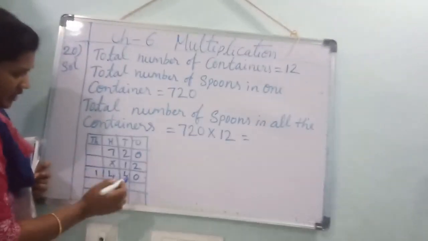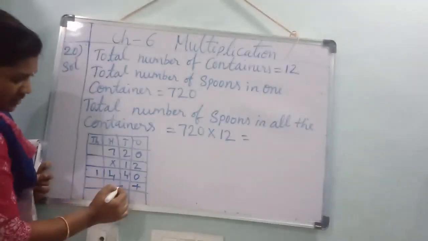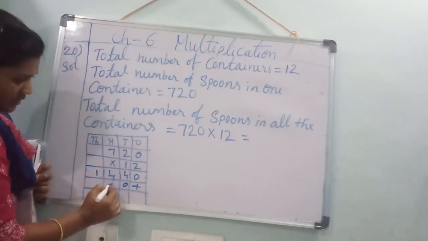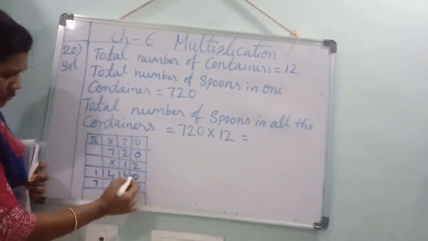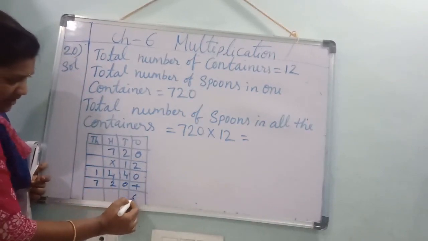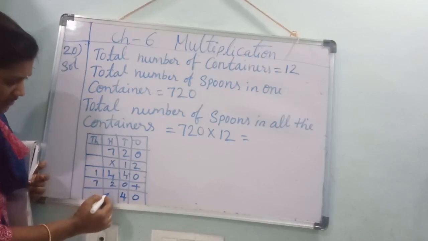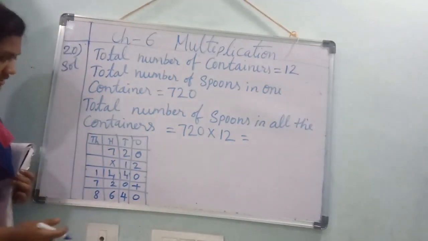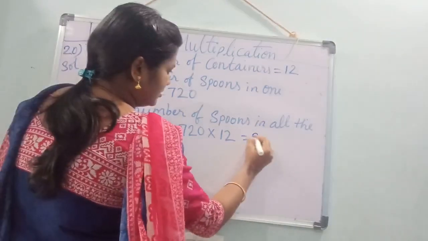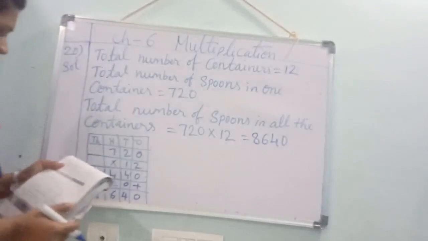Now for the tens place, you should keep the plus symbol. 1 zeros are 0. 1 twos are 2. 1 sevens are 7. You should add. 0 plus 0, 0. 4 plus 0, 4. 4 plus 2, 6. 7 plus 1, 8. What is the answer? 8640 is the answer.